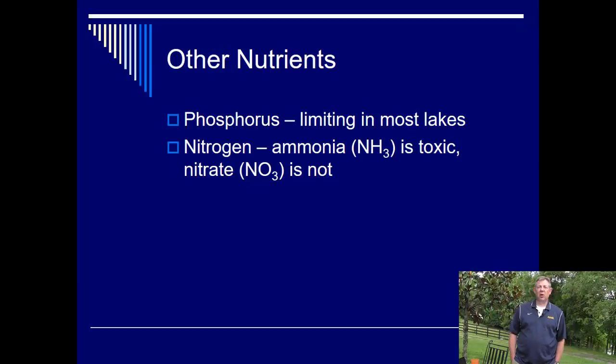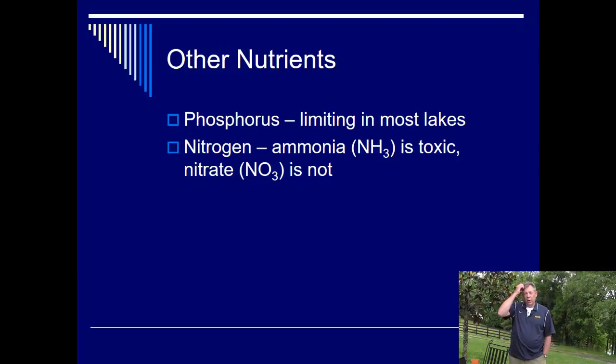Now, nitrogen is also an important nutrient in lakes. Some lakes are nitrogen limited. Nitrogen chemistry is quite a bit more involved and complicated, but some forms of nitrogen have the potential to have a negative impact on fish, and we need to understand that.